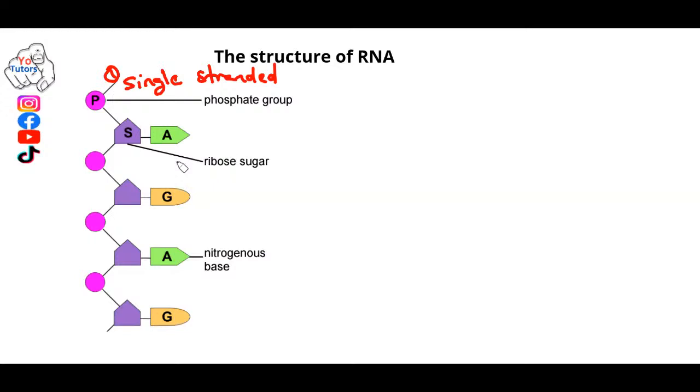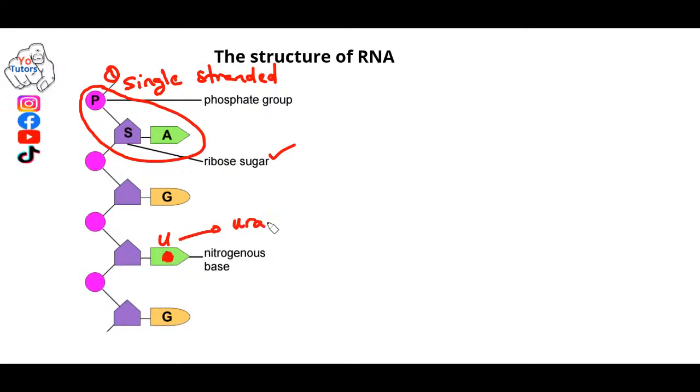So it's single-stranded, and remember what we said, it's also made up of nucleotides, the same nucleotides, but the difference here is on the sugar, and also one of the bases, which is the uracil. In this case here, I didn't put it. Can I just maybe replace this with a U? Okay, so that's our uracil there.